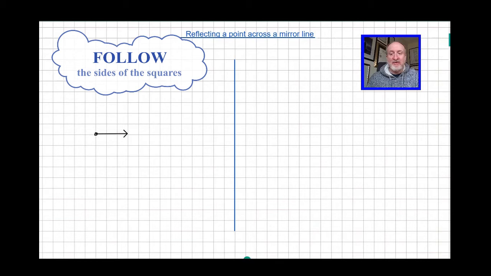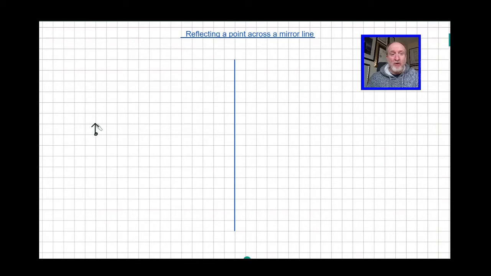That would be a translation of 3 right. Or I could do a translation of 4 up. 1, 2, 3, or 4 up. And that's what that translation is. Let's just have a look at the translation for 3 right, which looks like that. And let's see if we can draw some similarities to what I'm about to do.